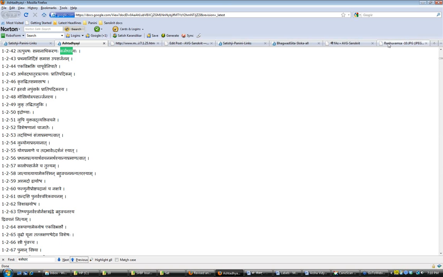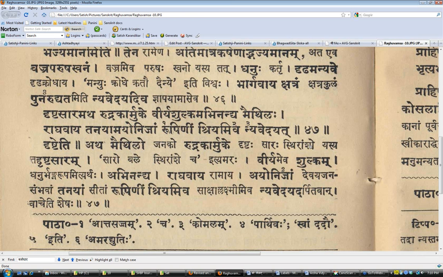Coming back to the issue I was talking about: Tatpurusha is called Uttara Pada Pradhanaha. So the Pradhanyam will be with the Shulkam, not with the Viryam. Viryam is the adjective for the Shulkam, right? Okay, we'll take that. But look at the adjective to the whole compound, Drishta Saram, in fact Rudra Karmuke Drishta Saram.